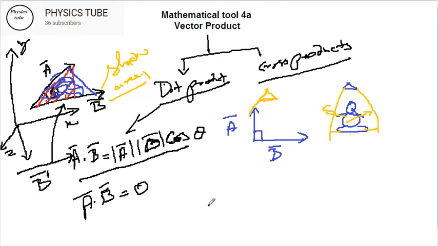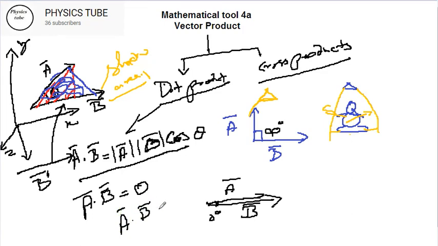On the other hand, if you have the B vector like this and A is lying on it sharply, the angle between them is 0 degrees. Cos 0 is 1, so in that case A dot B is the maximum, A into B, the full value of the magnitude. As simple as that. This is the meaning of dot product.